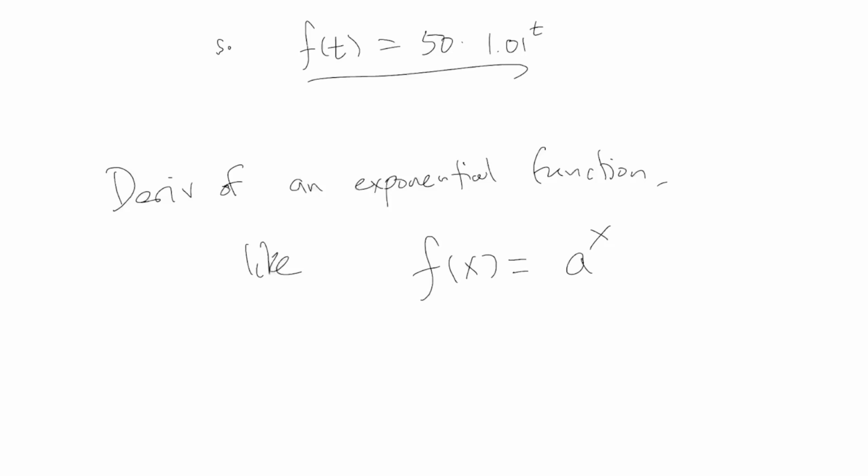The variable is inside the exponent, where the a is just some number. The terminology we use here: the number down there is called the base, and the x, of course, is called the exponent.